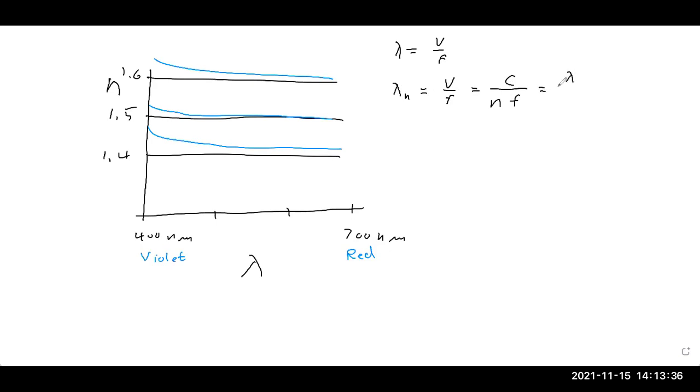Or it's wavelength in a vacuum divided by n. So there's usually more bending of the violet end of the rainbow than the red one.